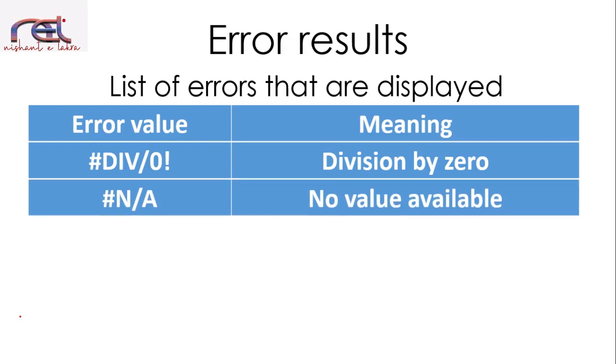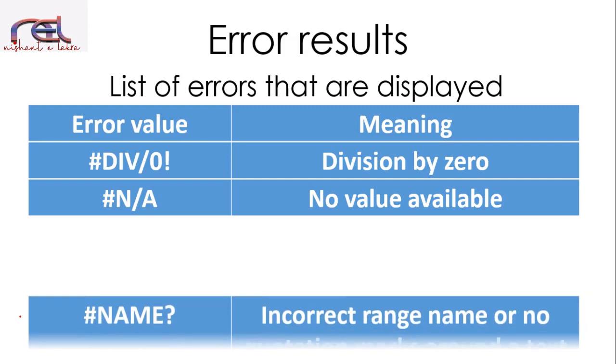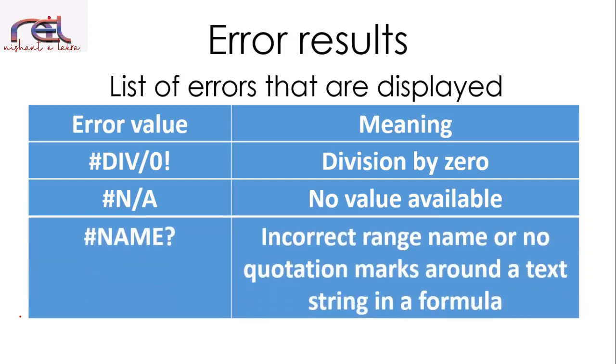If you divide any cell by 0, you will get this error value. Then we have the next one, #N/A, no value available. So when you use a cell where there is no value available in a calculation, you will get this error. Then we have #NAME?, incorrect range name or no quotation marks around a text string in a formula.